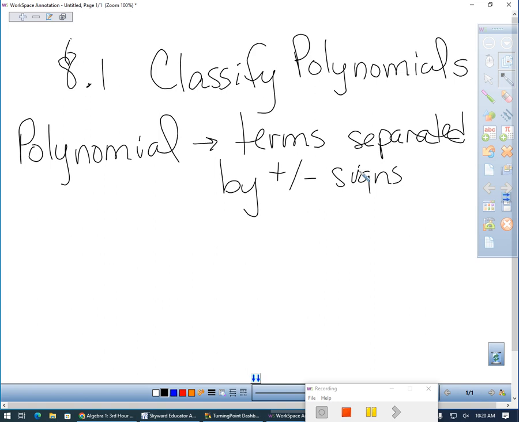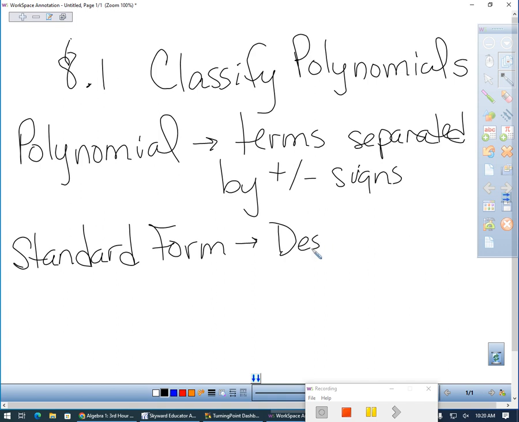Good. All right, so when we talk about a polynomial, it should be written in what we call standard form. But you guys already know this too. Standard form can be written in two ways. If there are only variables involved, then we do it by descending exponent.